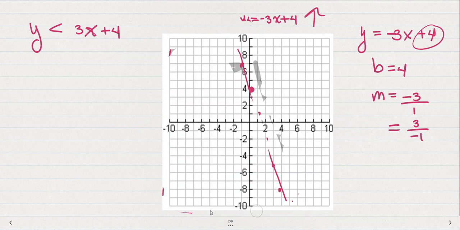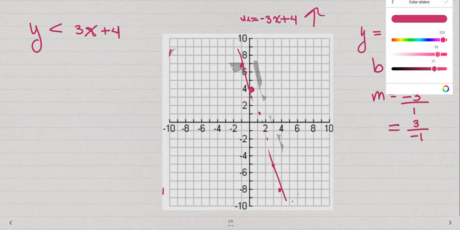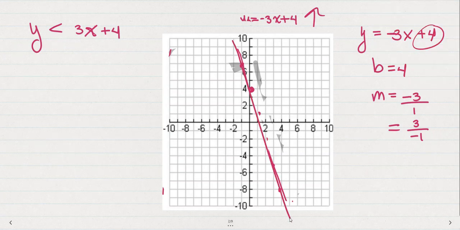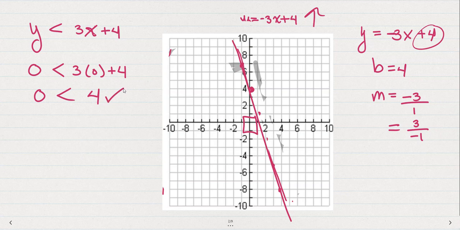I can determine which side it's going to be on by picking a test point. So why don't I test 0, 0? If I put a 0 in for x and a 0 in for y, I get that 0 is less than 4, which is true.